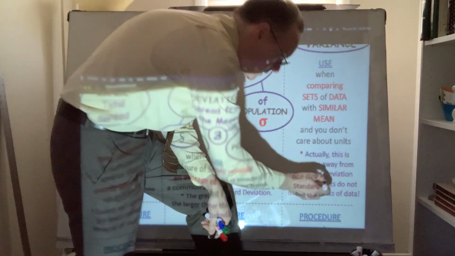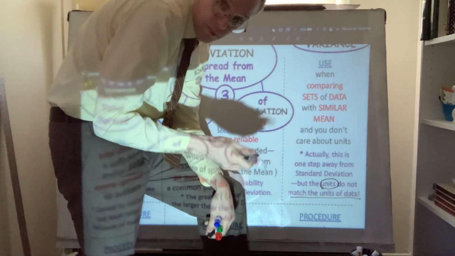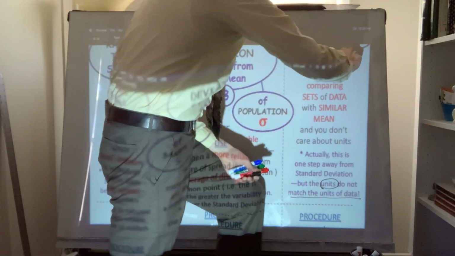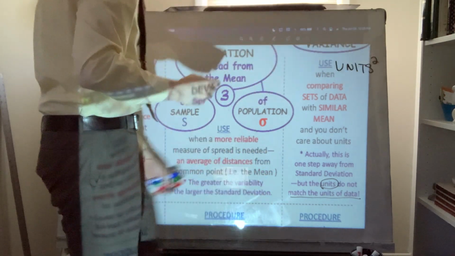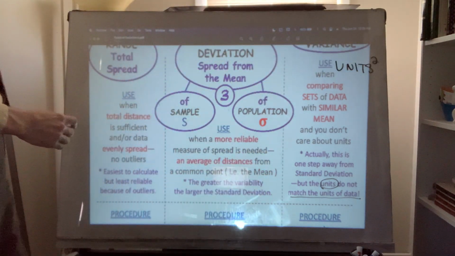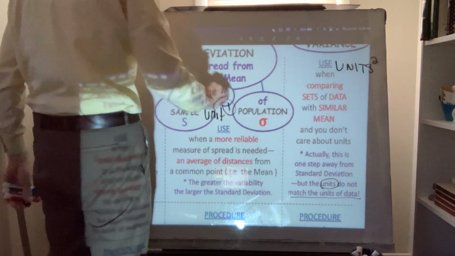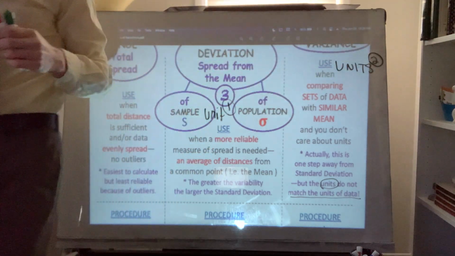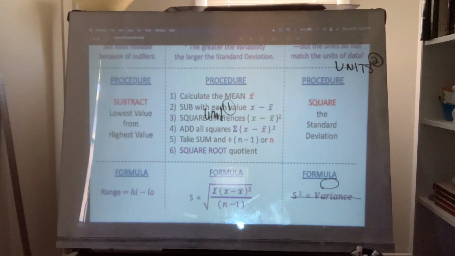It's just that the units do not match the units of the data, right? And that maybe makes you uncomfortable. It makes me uncomfortable. So you would end up with units squared if you calculate it technically, a variance only, versus this would be a unit in the degree that you started with. Right? Units first degree versus units second degree. Okay, so that's an overview, and again, these are the formulas, all right?